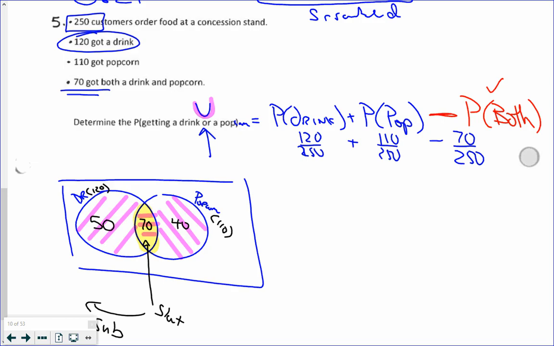So what we do is we add them up. 50 plus 70 plus 40 is, what is that? 160. And then you put it over the total, which is 250, which is exactly what you get over there.